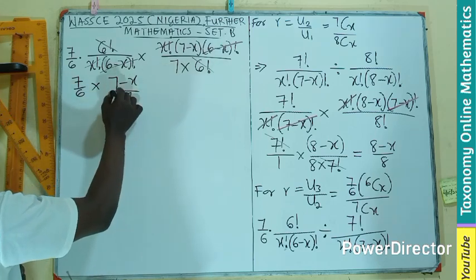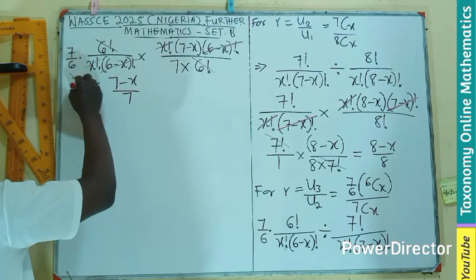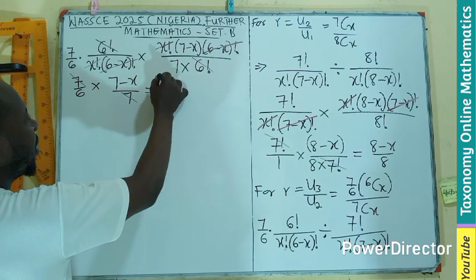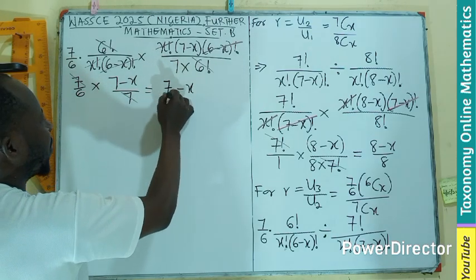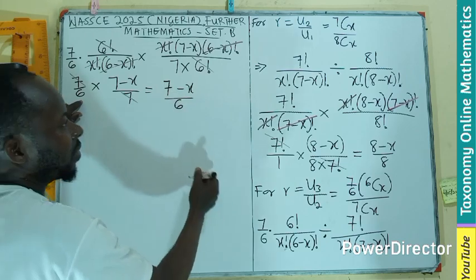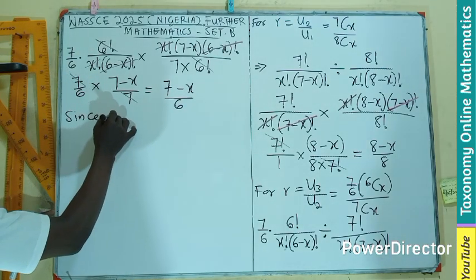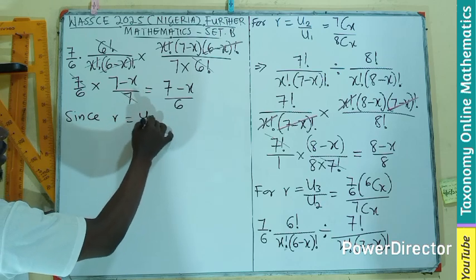Oh, okay, this 7 can also cancel this. So 7 cancels 7. I should be left with only 7 minus x divided by 6.